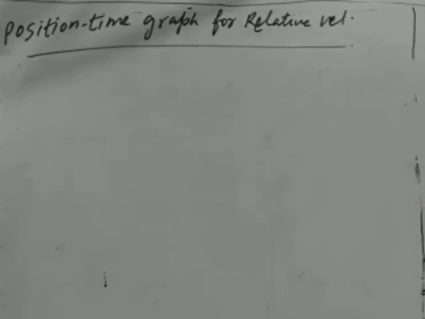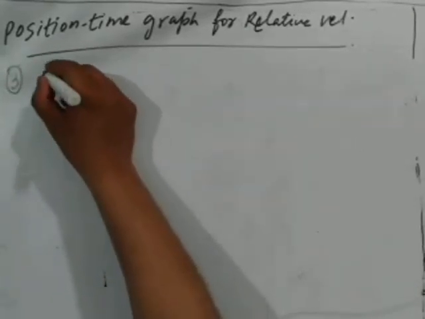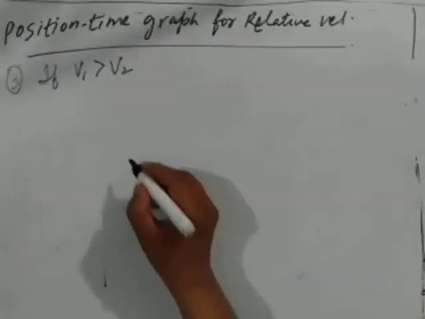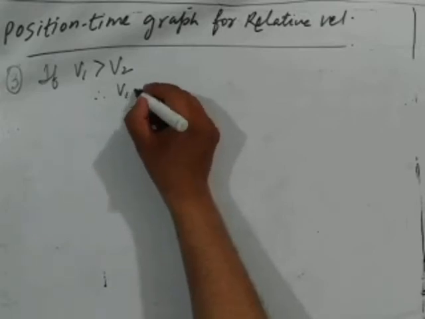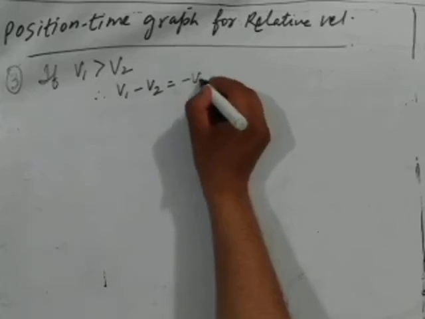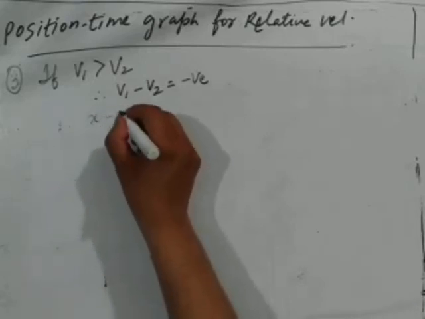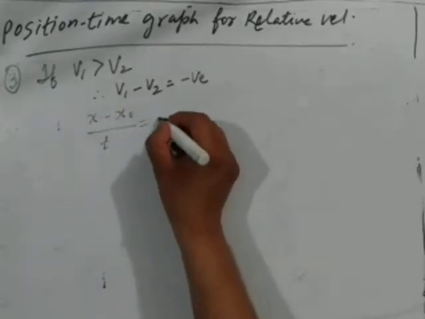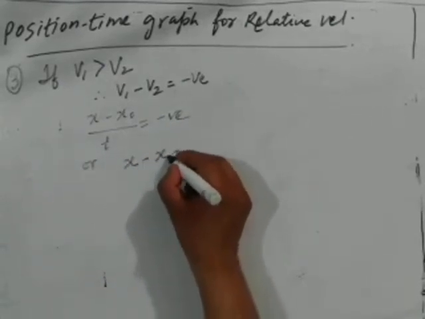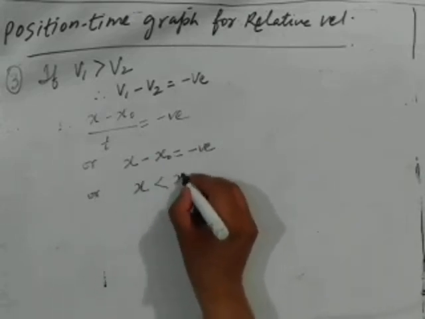Now take the last case, the third case. If v1 is greater than v2, therefore v1 minus v2 will be negative. Therefore the equation will become x minus x naught upon t equal to negative, or x minus x naught equal to negative, or you can say x is smaller than x naught.